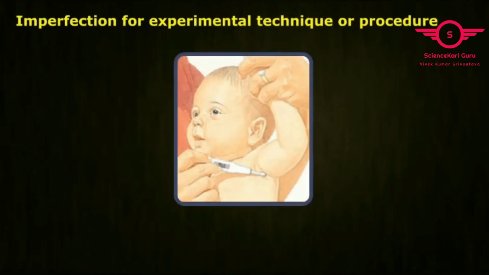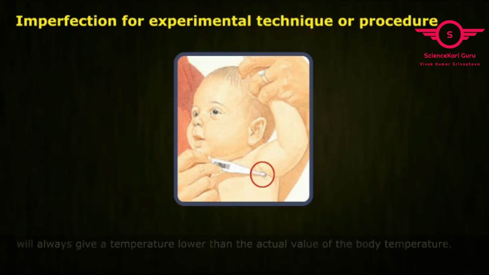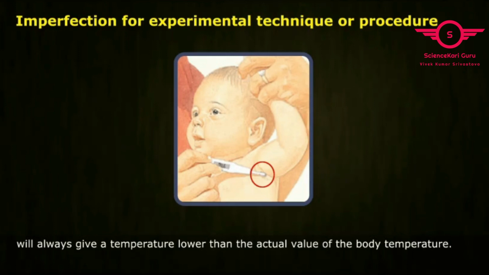Imperfection in experimental technique or procedure. For example, to determine the temperature of a human body, a thermometer placed under the armpit will always give a temperature lower than the actual value of the body temperature.